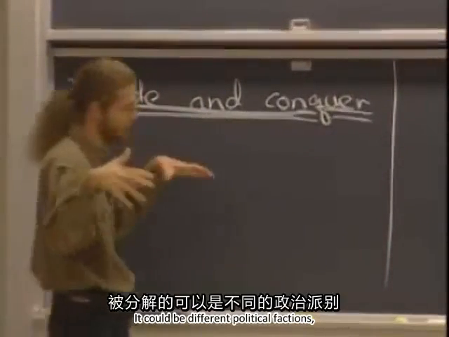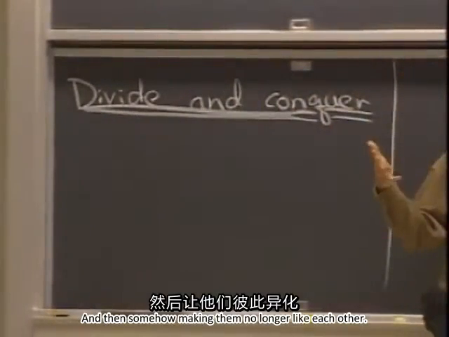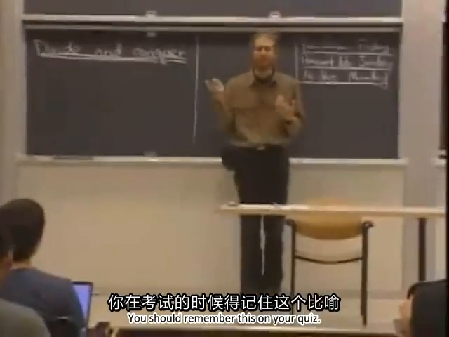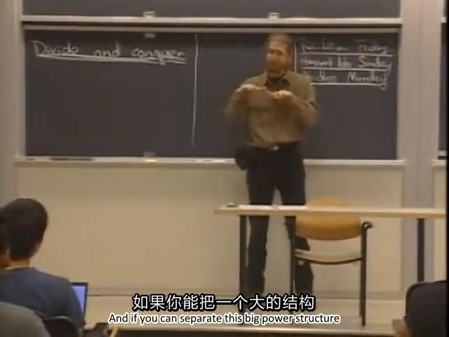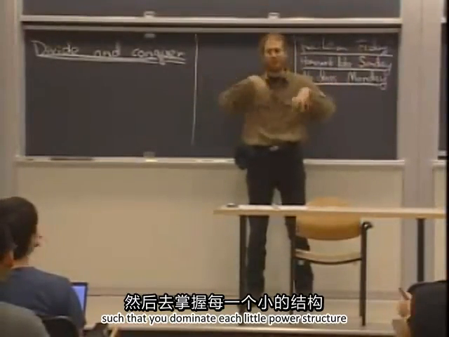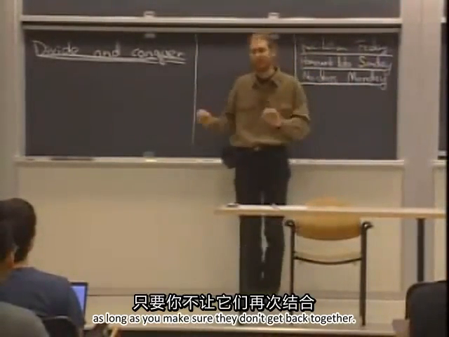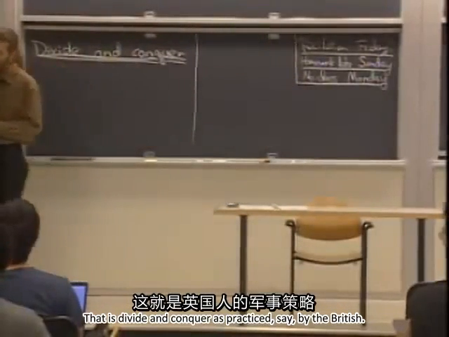Could be different political factions, and then somehow making them no longer like each other, like starting a family feud is always a good method. So you should remember this on your quiz. I'm kidding. And if you can separate this big power structure into little power structures so that you dominate each little power structure, then you can conquer all of them individually, as long as you make sure they don't get back together. So that's divide and conquer, as practiced, say, by the British.